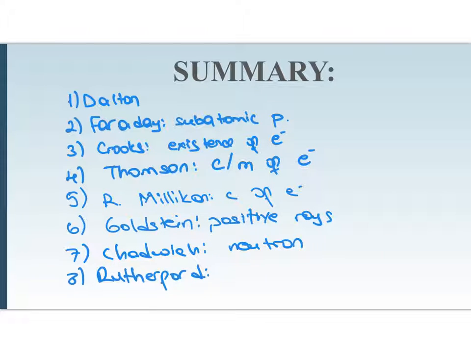He is the man who first said that there should be a nucleus in the atom, so his atomic model is known as the atomic model with nucleus. Then finally we have Bohr's atomic model. He talked about the orbits. In the next video we're going to look at the quantum atomic model, starting with the quantum numbers.